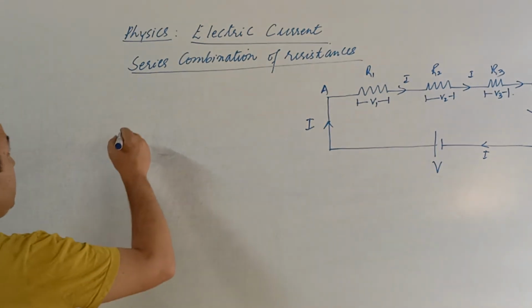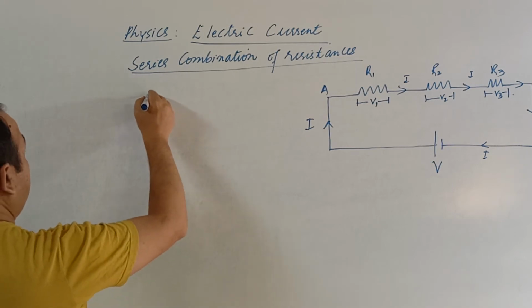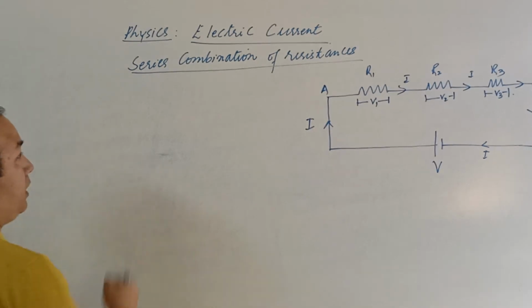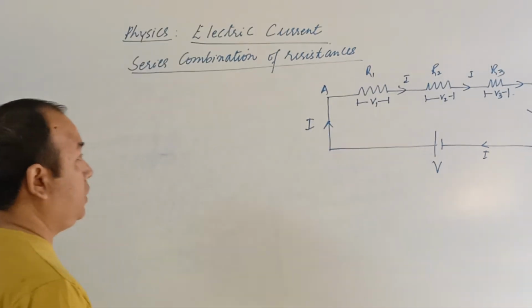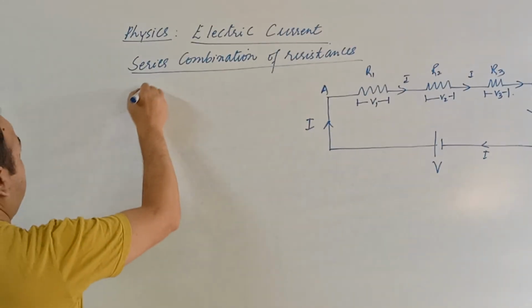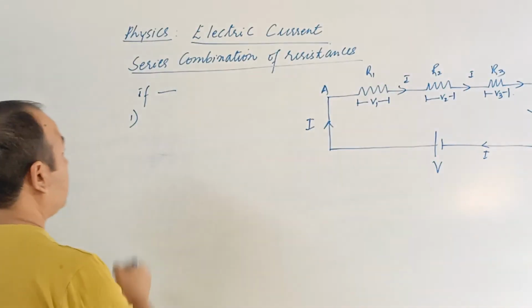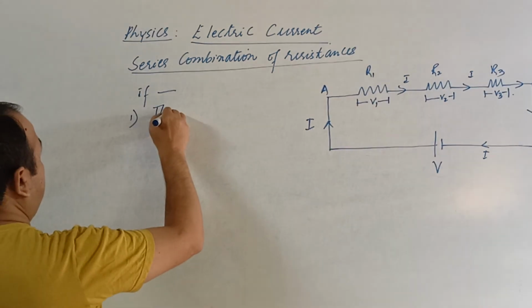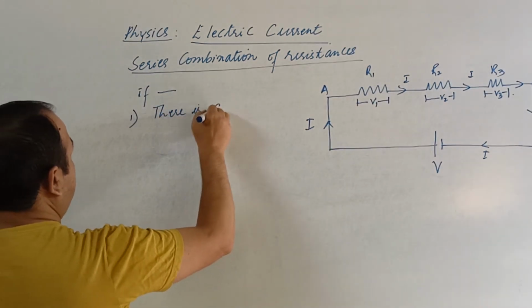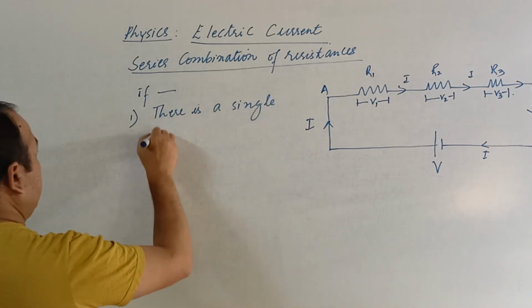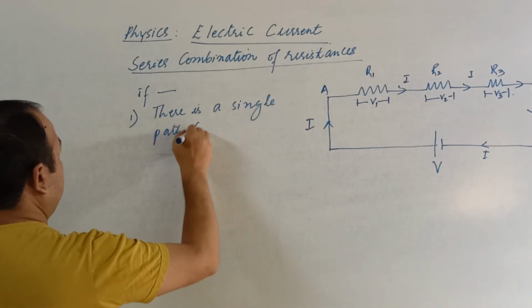So what I said just now: a number of resistances are said to be connected between the 2 points in series combination if, number one, there is a single path for the electric current to flow.